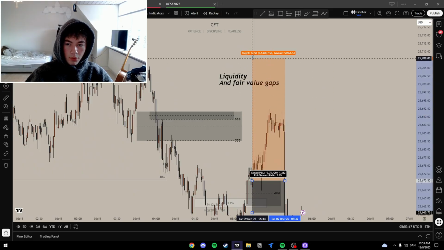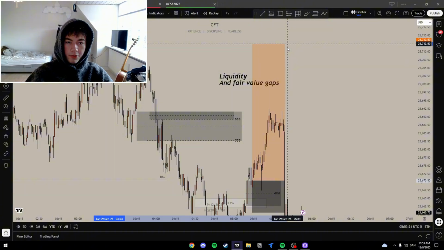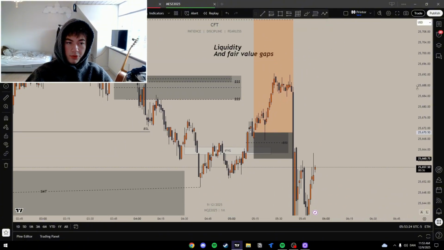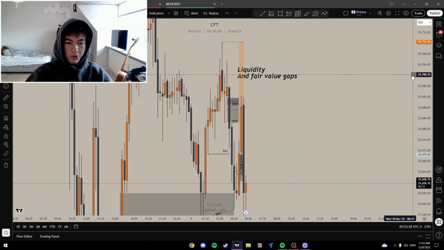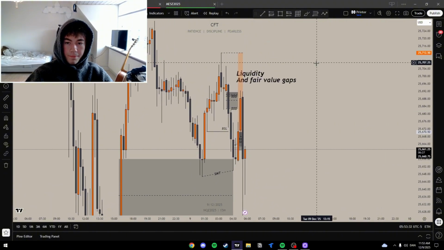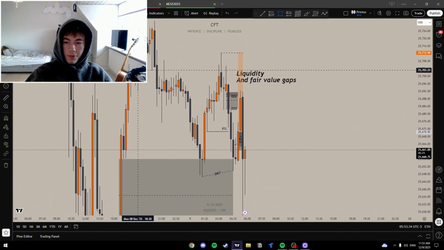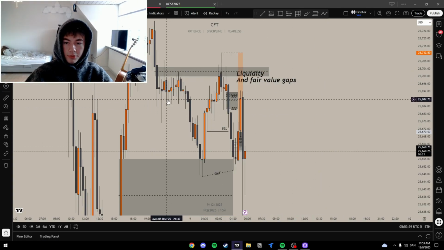Now, why don't I just go for this high right here? You might ask. Well, because this is the retracement model and we are in a clear downtrend as of now, because we are delivering from this fair value gap up here, and we're just constantly breaking fair value gaps all the way.